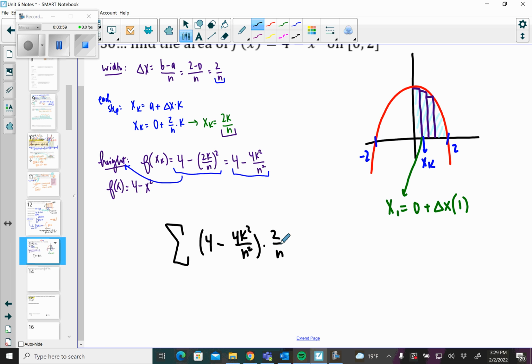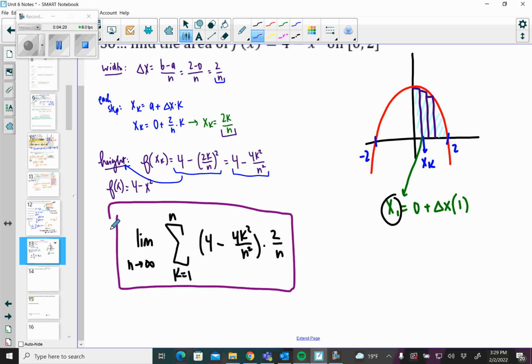We want to do this starting at k equals 1 for our first step on the interval, and going to an infinite amount of rectangles, the limit as n approaches infinity. This is an expression that represents the area under the curve from 0 to 2.